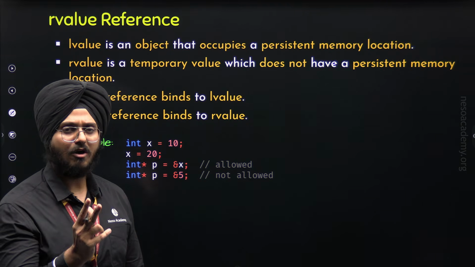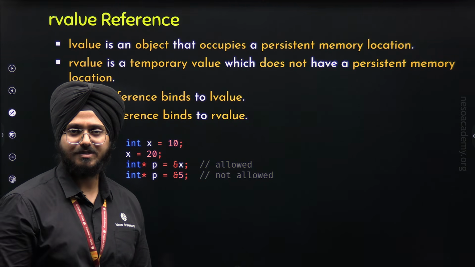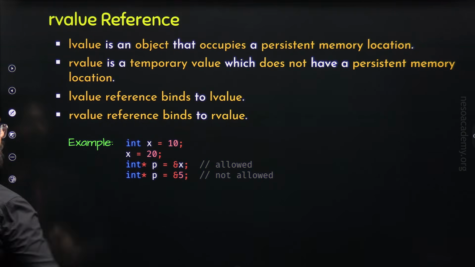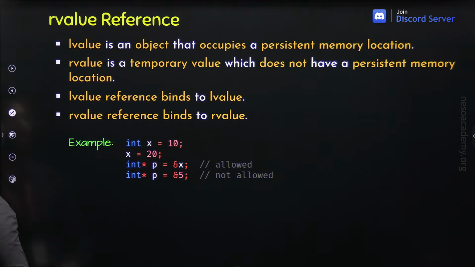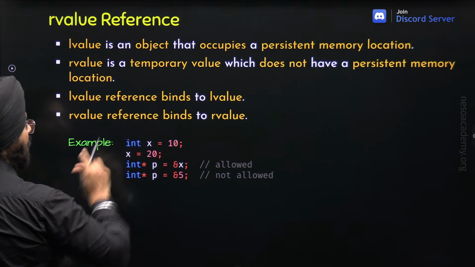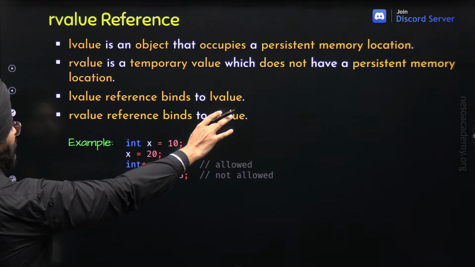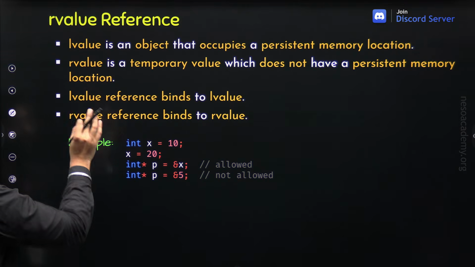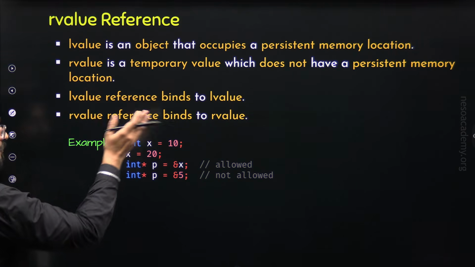We have two types of references in C++: lvalue reference and rvalue reference. As the name suggests, lvalue reference binds to lvalue. This means it is the reference to an lvalue, and rvalue reference is the reference to rvalue.